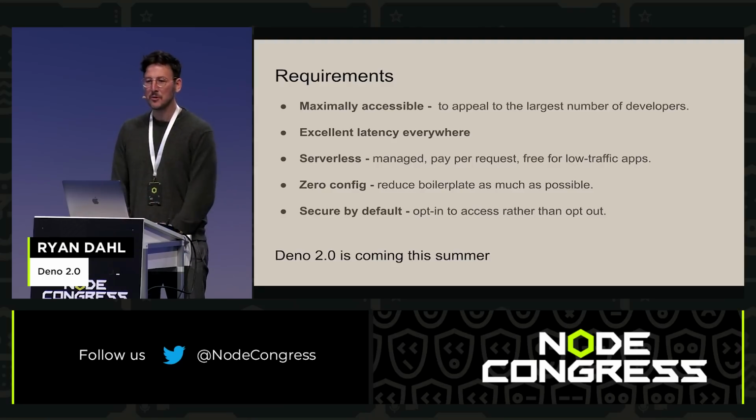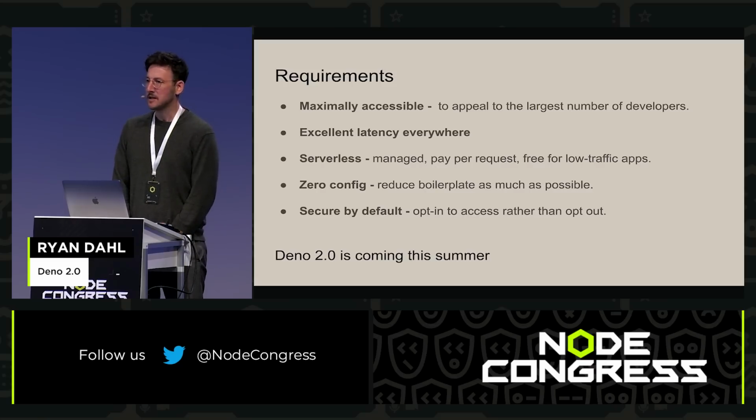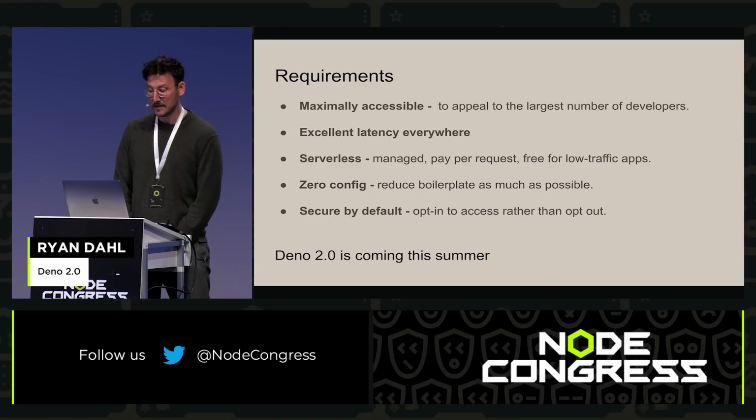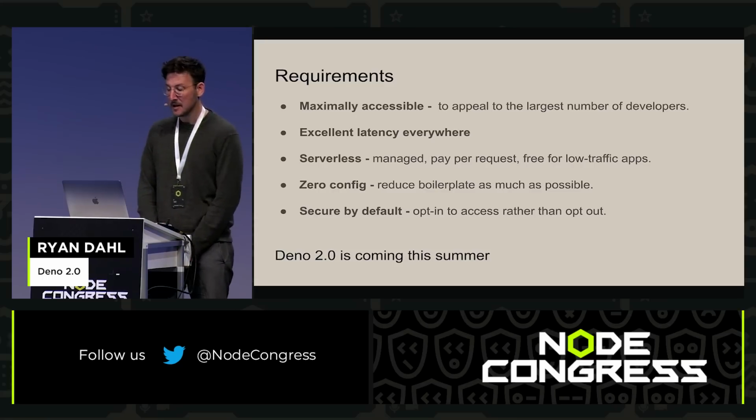We want to reduce that as much as possible in order to move people forward. And it should be secured by default, right? JavaScript is a great language for security because it is actually a sandbox and has the ability to restrict people from accessing the underlying system.